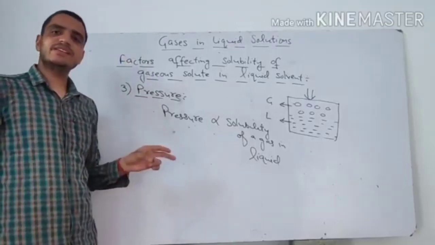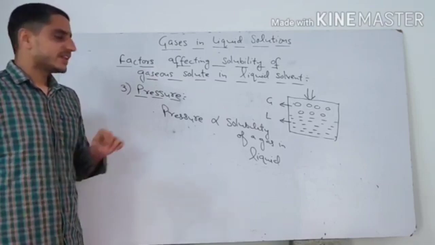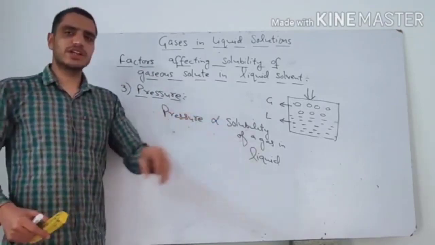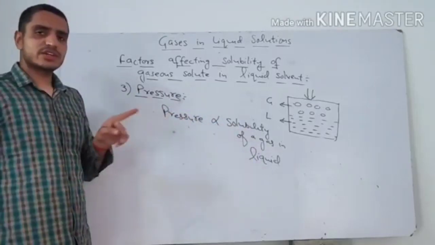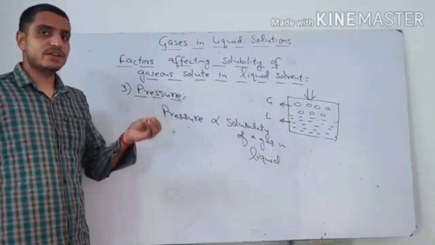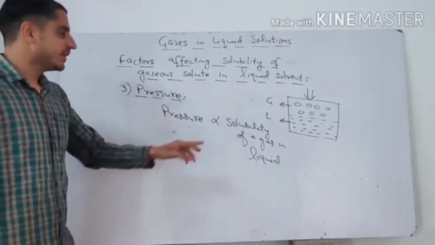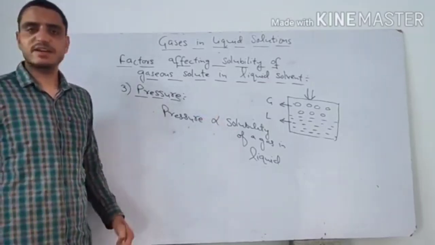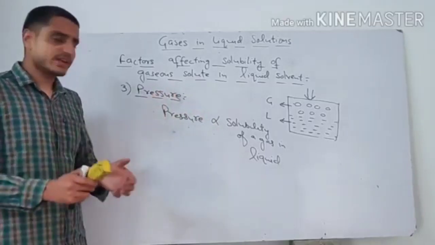To increase the solubility of carbon dioxide in the cold drink, the gas is filled at a very high pressure, because with more pressure, more gas can be dissolved in the cold drink. That's why this is the daily example. More carbon dioxide can be dissolved in the solvent, in the cold drink.